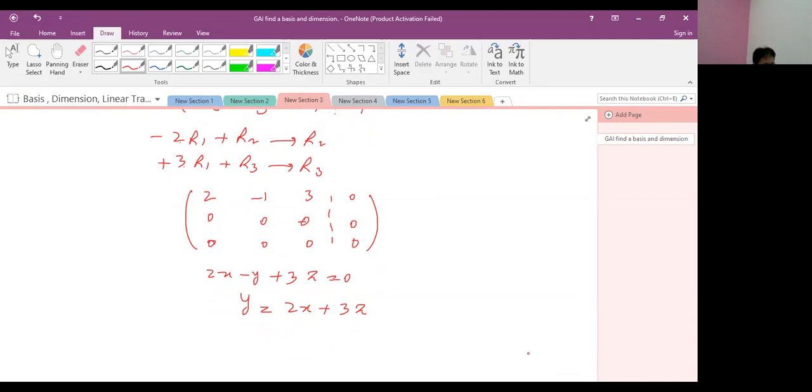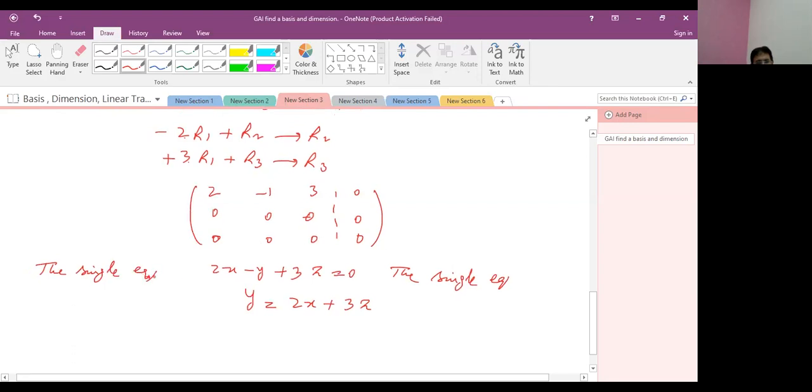It means the single equation, 2x minus y plus 3z is equal to 0.